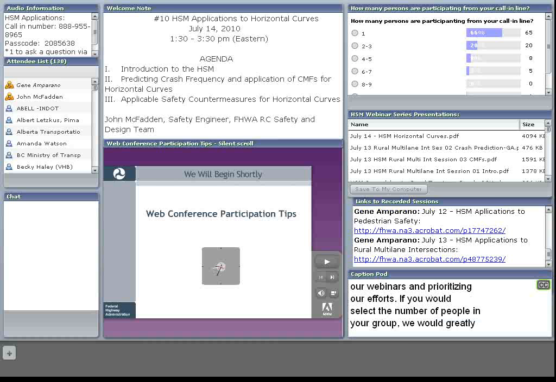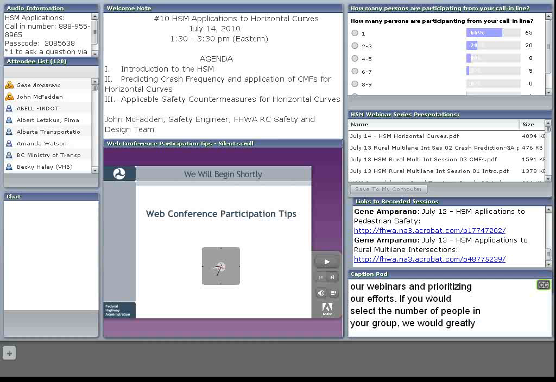For the last 30, 35 years, researchers have been interested in understanding the safety implications of design decisions, and this document is a synthesis of much of the research that has been conducted. It provides us with analytical tools for predicting and understanding the impact of our design decisions as it relates to roadway safety performance.